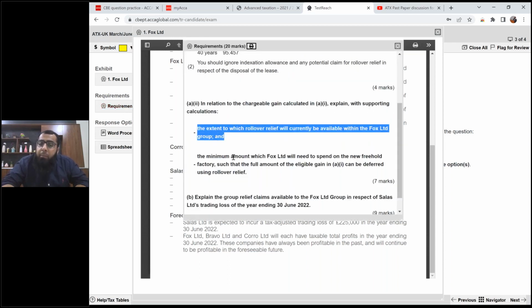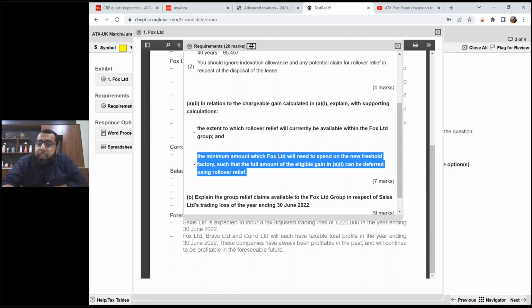And the minimum amount which Fox Limited needs to spend on the new freehold factory such that the full amount of gain can be deferred using rollover relief. So what will be the amount of rollover relief and what additional investment is required?